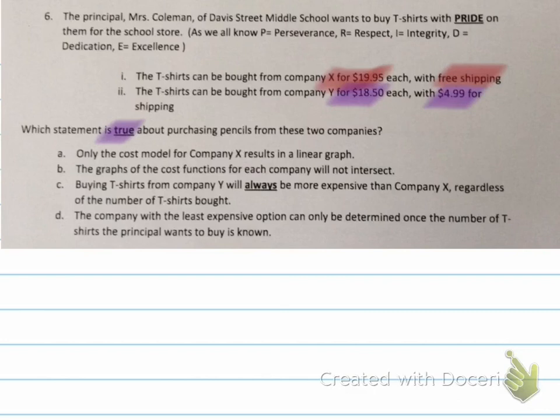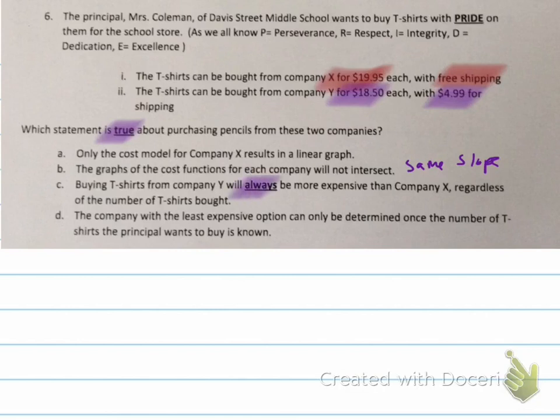Only the cost model for Company X results in a linear graph. The graph of the functions for each company will not intersect. Buying t-shirts, so they will not intersect if they have the same slope. The company Y will always be more expensive.